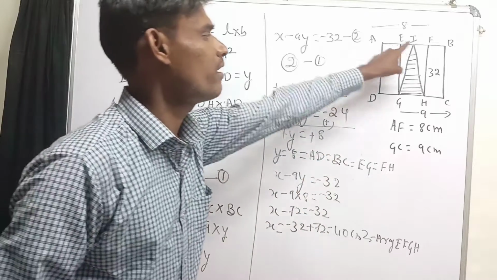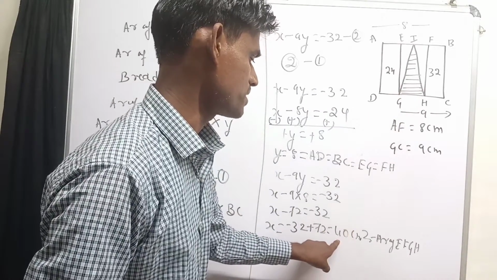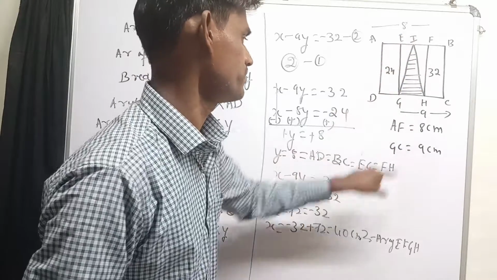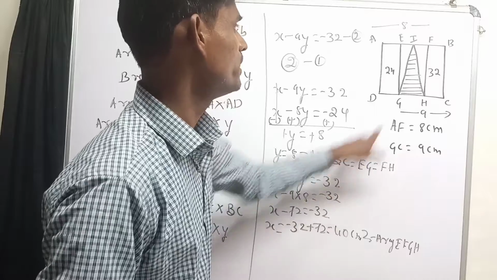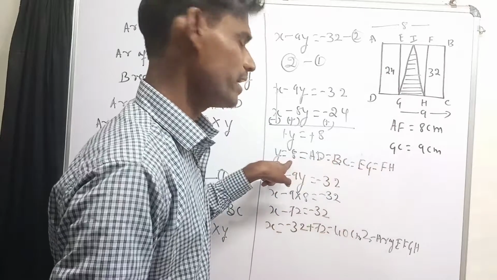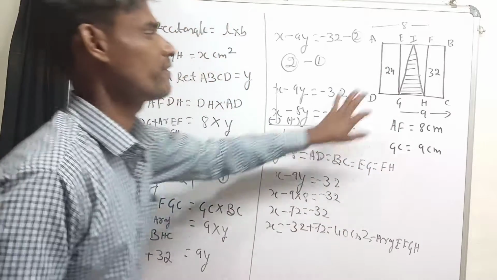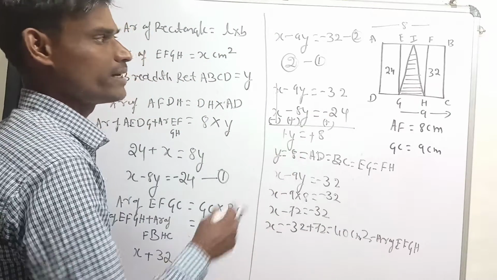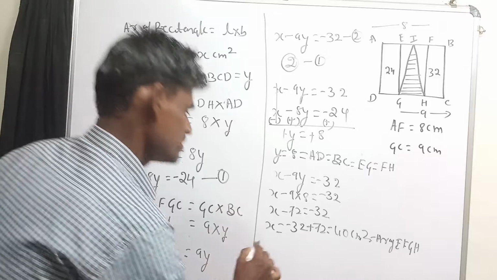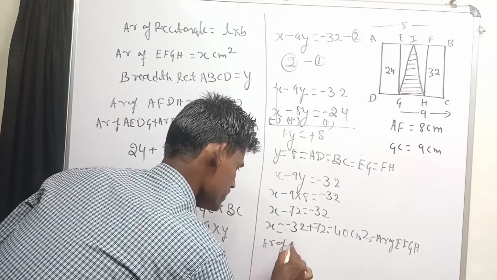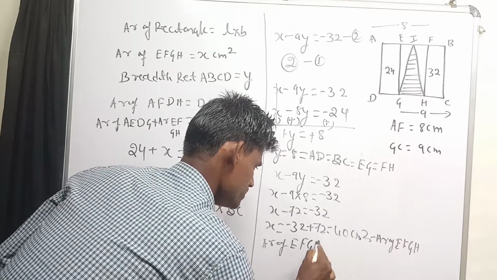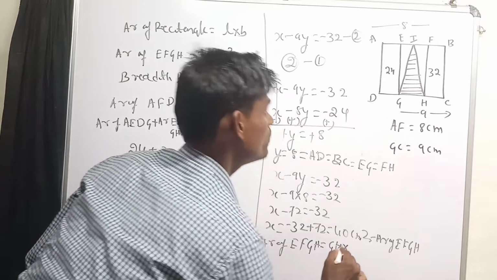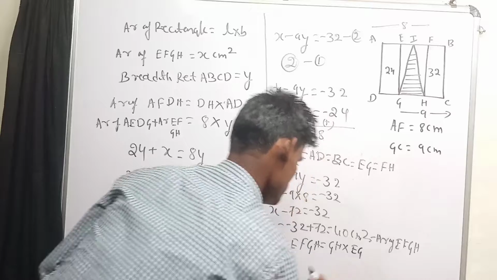Now we have the area of EFGH, which is equal to 40 cm square. We know the breadth of this rectangle EFGH, which is EG, 8 centimeter. Let's find the value of the base or length of rectangle EFGH. So area of EFGH is equal to GH into EG.